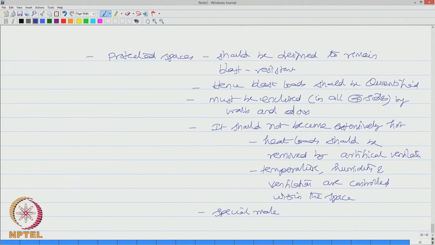Special material with enhanced energy absorption capacity should be used for construction.